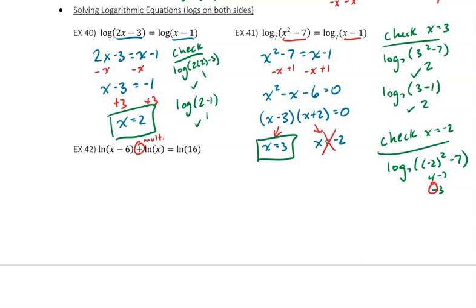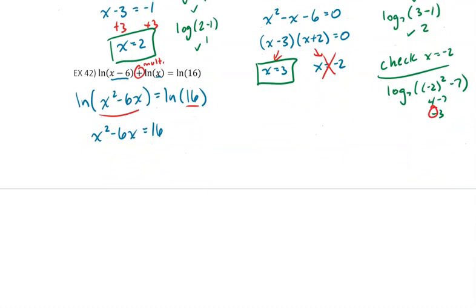So condensed, this is going to be ln of, and if we multiply x minus 6 times x, we'd get x squared minus 6x. That still equals ln of 16. Next up, set both of those equal to each other. So x squared minus 6x equals 16.